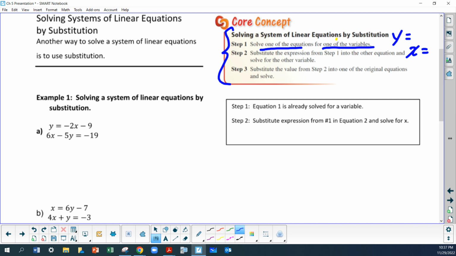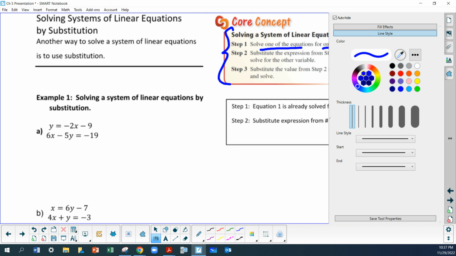One way or the other, we'll choose. Second, we'll substitute that expression that we gained in step one into the other equation. And then finally, we'll have to sub back to find the final variable.